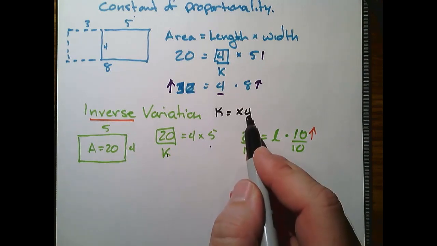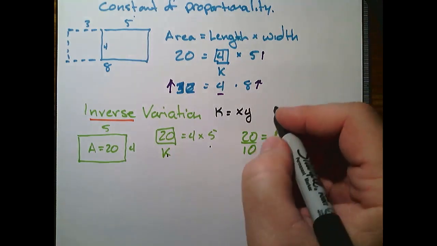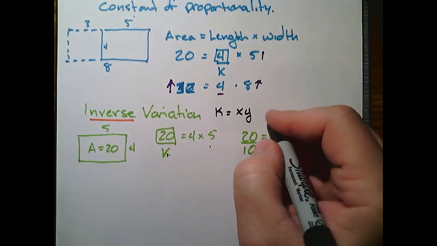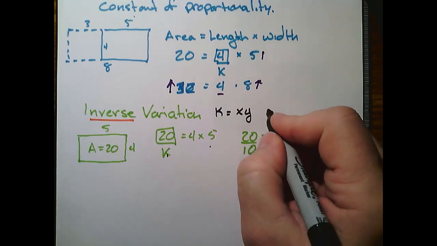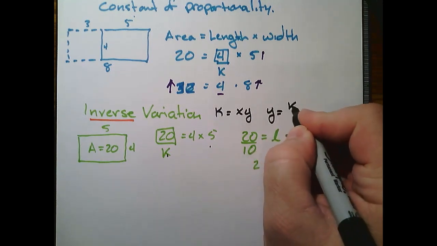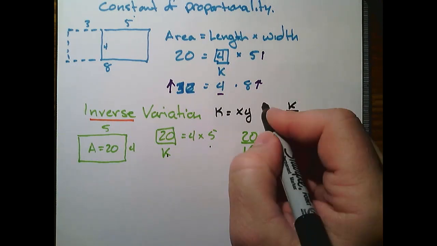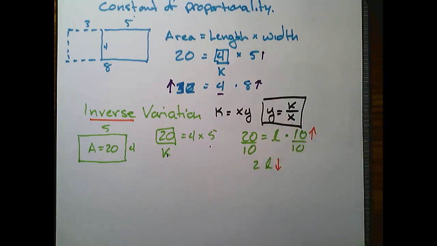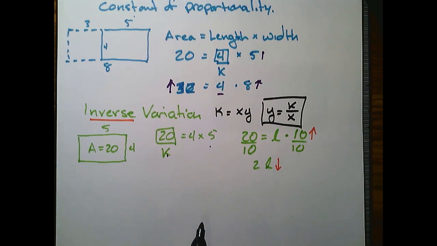But if we want to solve for y, so we get it in the same form as our direct variation, then we can divide both sides by x and rewrite this as y is equal to k over x. So this is the formula, our template, that we're going to start playing with.